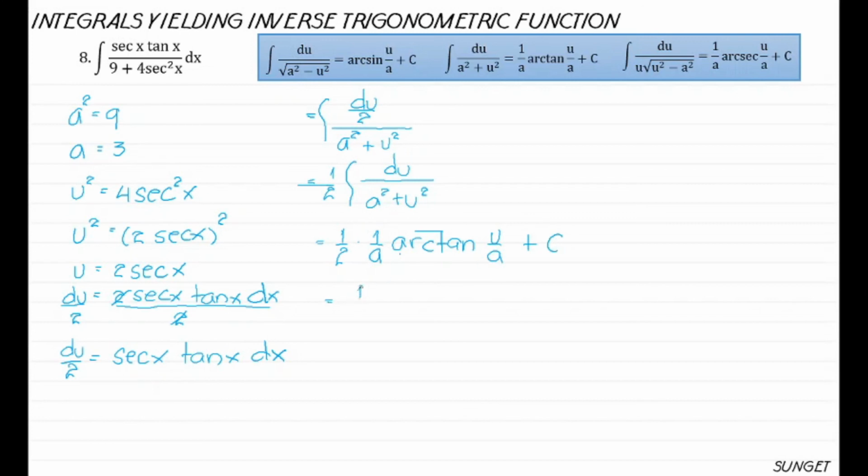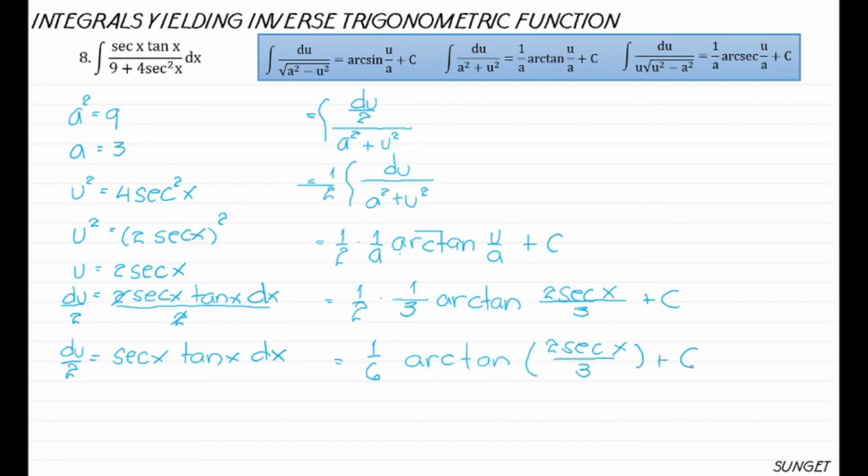Then substitute the value of a, which is 3. So 1 over 3 times arctangent of u, so 2 secant x over a, so 3, plus c. Simplify. So that is 1 over 6 times arctangent of 2 secant x over 3 plus c.